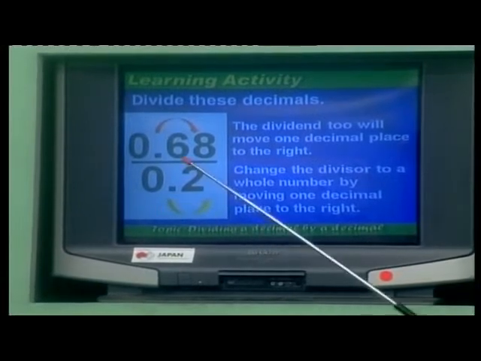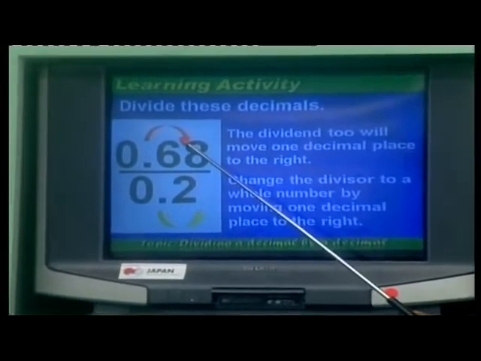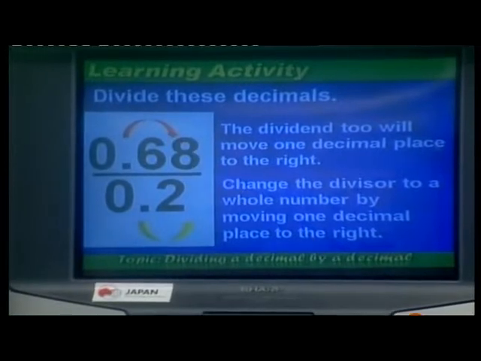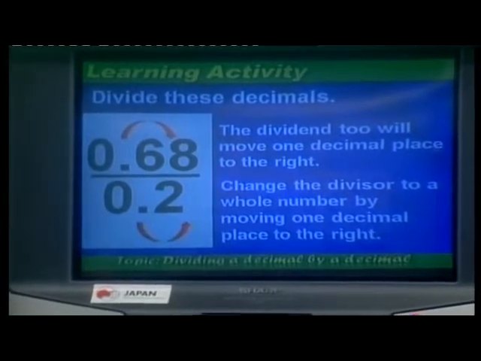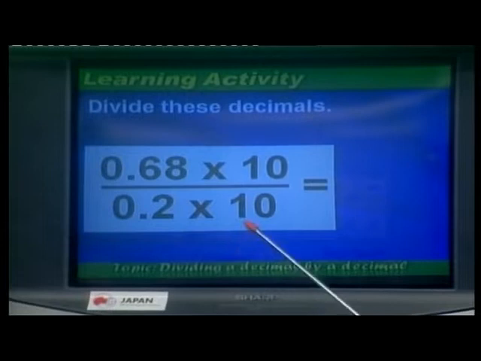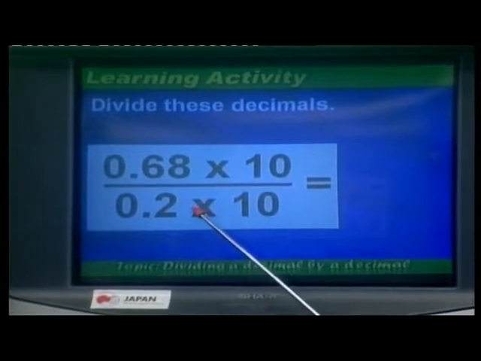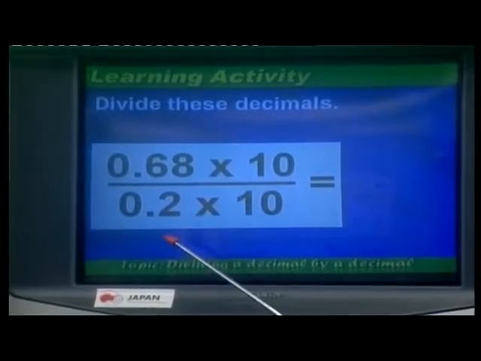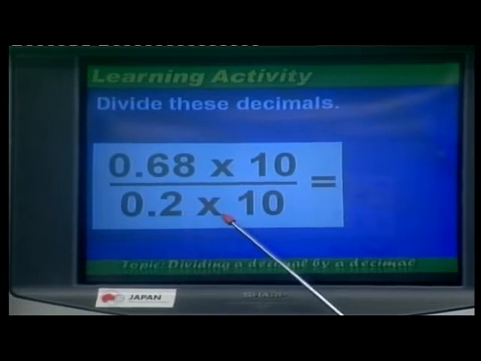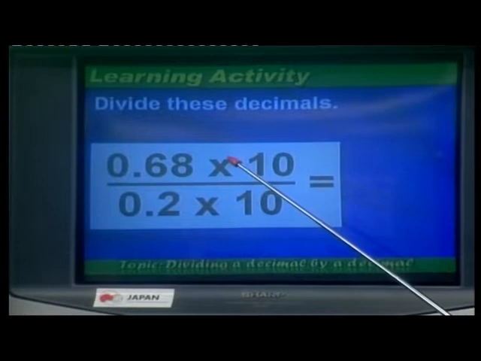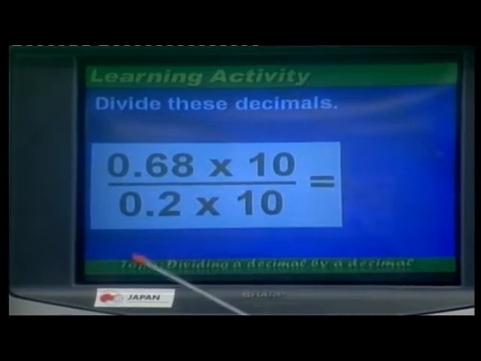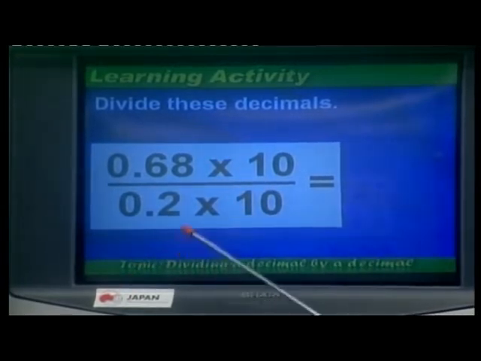It is also the same as multiplying by 10. So this is another way of writing it. One is when you're moving the decimal places. The other way is when you are multiplying by 10 in the divisor, then 10 in the dividend. You must always change the divisor first.